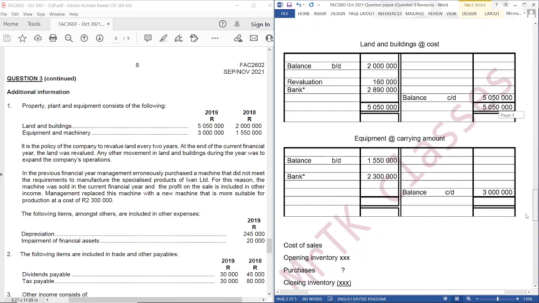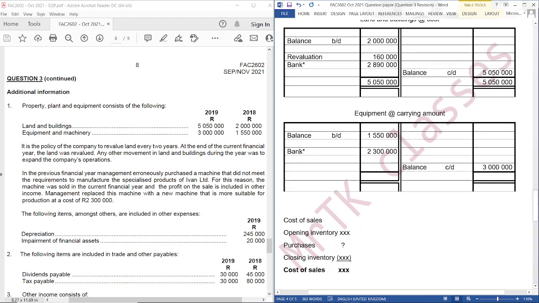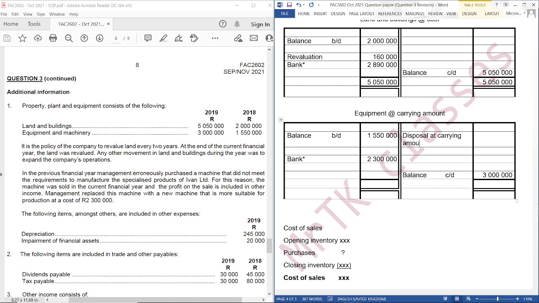Let's go back. We need to calculate disposals, or just disposal at carrying amount. This is what you need to calculate, right?